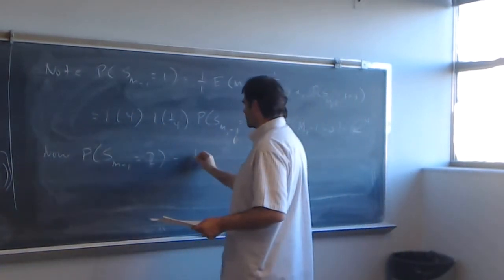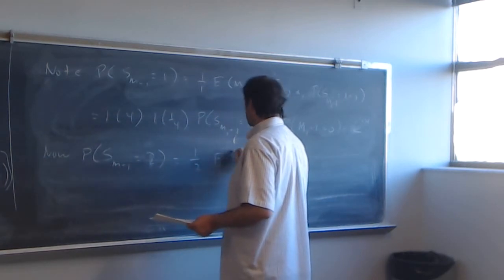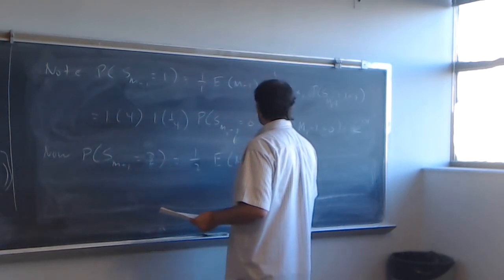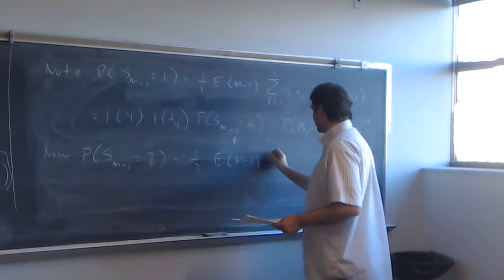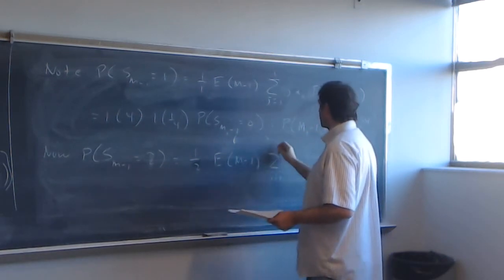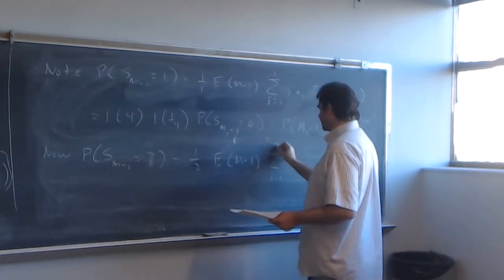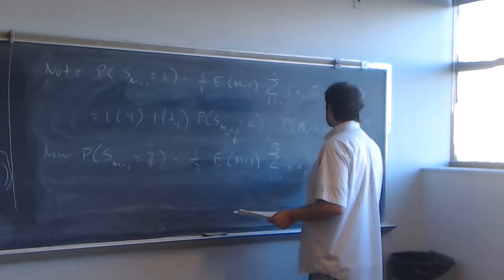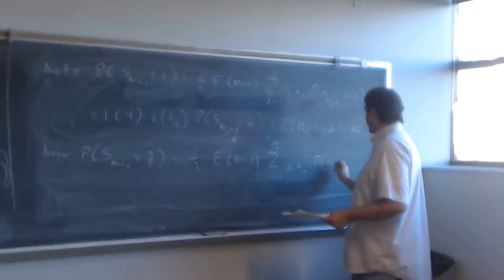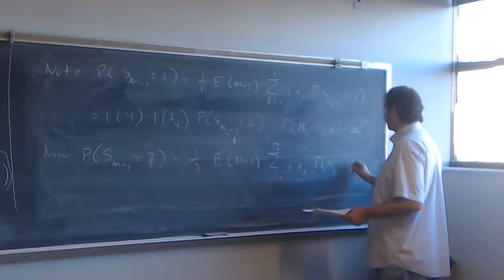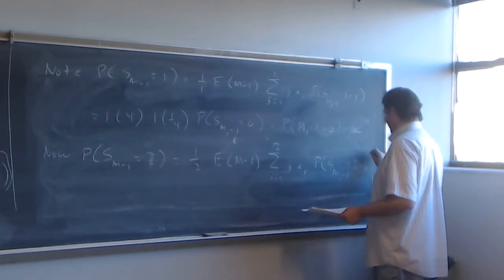So what is this? This is 1 over 2, expected value of m sub 1, times the sum as j runs from 1 to 2 of j alpha sub j times the probability that S of m sub 1 minus 1 equals 2 minus j.